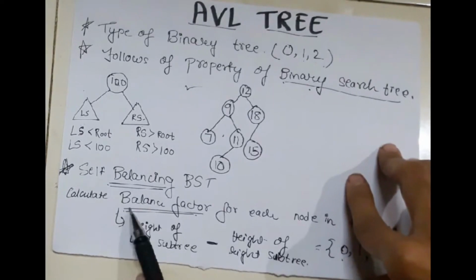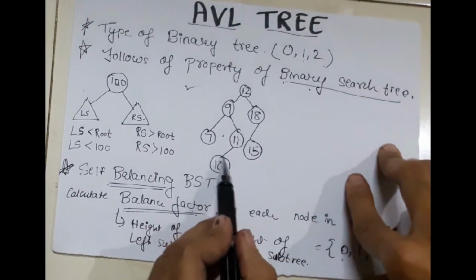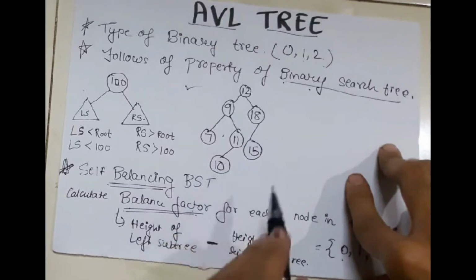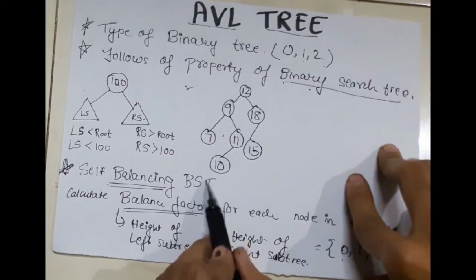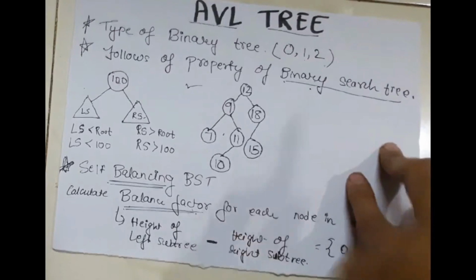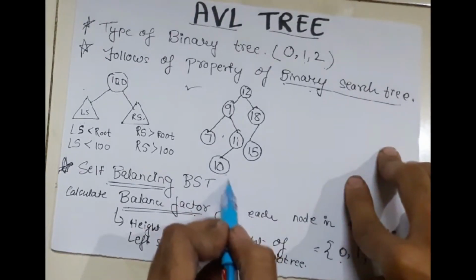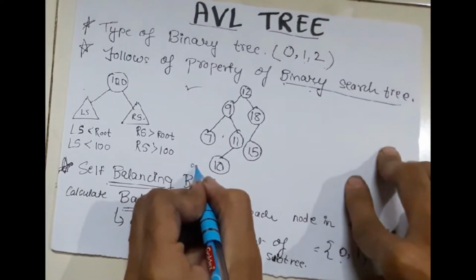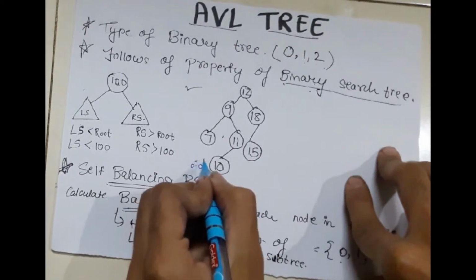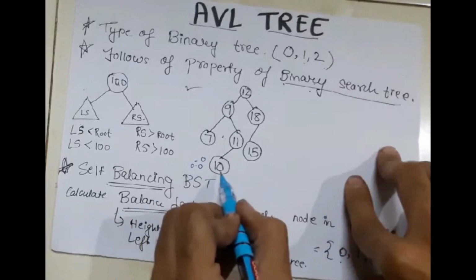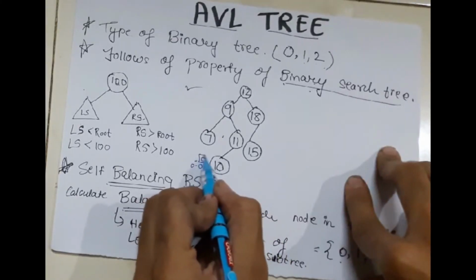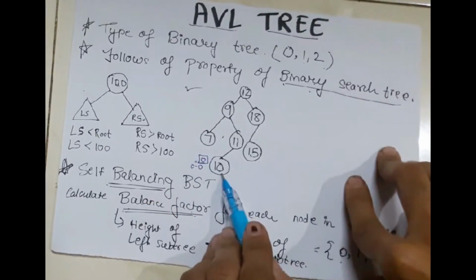Now what we'll do? We'll calculate balance factor for each node. See, here 10. The height of left subtree for node 10 is 0, right? And the height of right subtree for node 10 is 0. So 0 minus 0 is 0. Isn't it? So the balance factor for this node is 0.